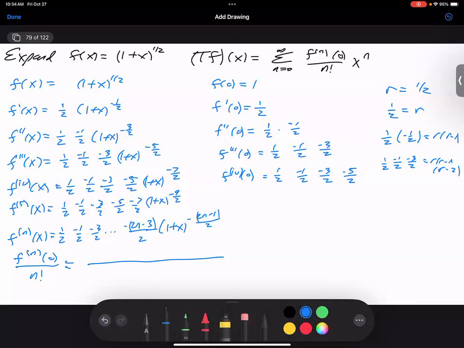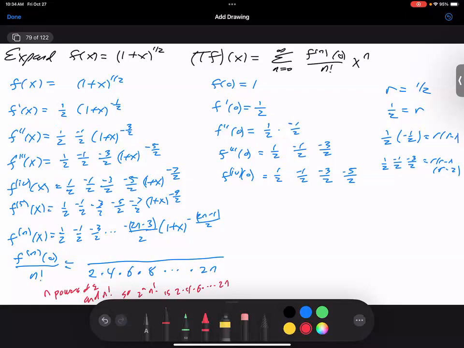I have n factorial, I have n fractions, each fraction has a 2. So I can write this as 2 times 4 times 6 times 8 ... times 2n. This is coming from all the powers of 2. I have n powers of 2, and I have an n factorial. So 2 to the n times n factorial is 2 times 4 times 6 ... times 2n.